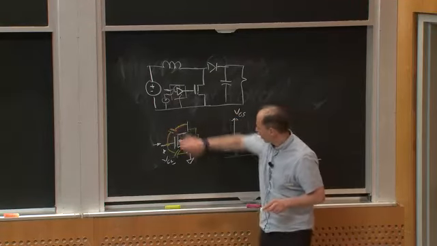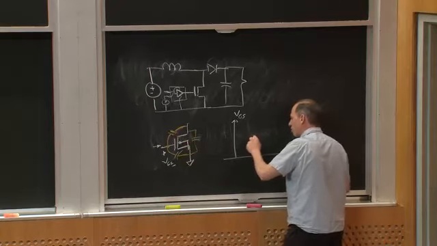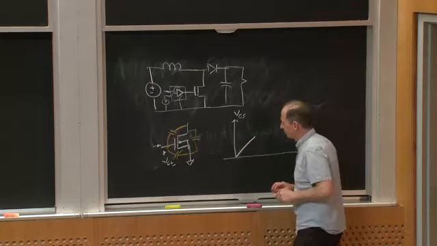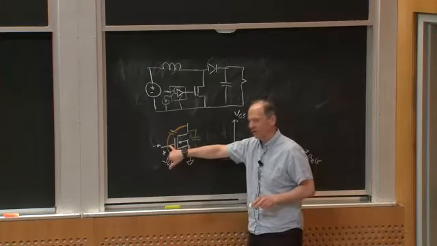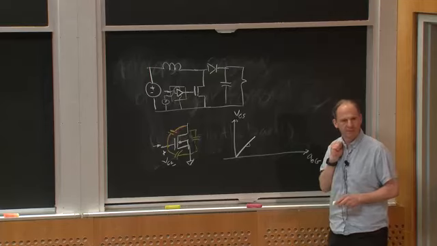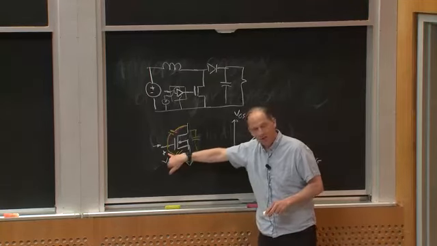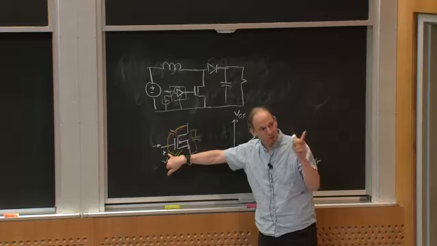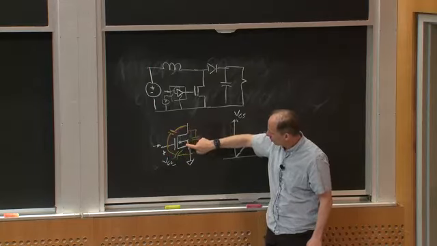Well, when this thing's off, before it turns on, I'm going to start charging the gate, and this is the capacitance my gate driver is driving, dQ is CdV. But at some point VGS gets bigger than the threshold voltage, and I'm going to start turning on this FET.